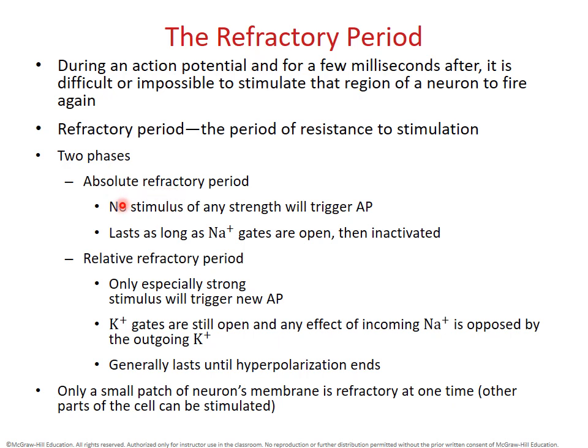There's nothing you can do to create a new action potential during the absolute refractory period. The reason is that the absolute refractory period is the period of time when these voltage-gated sodium channels are open and sodium is flowing into the cell.